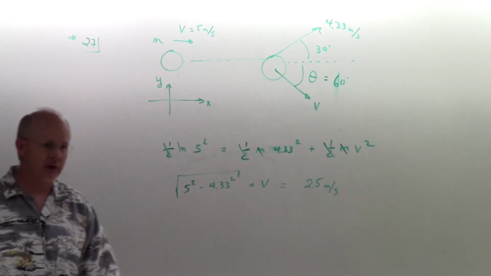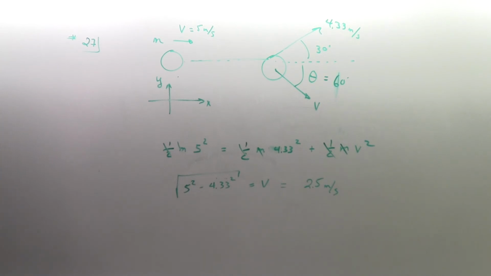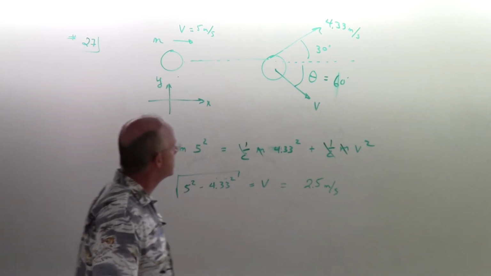So not really true for the game of billiards, but shuffleboard. One's sitting there, the other one's hitting, they'll ricochet off at 90 degrees. Guarantee it. And so there's our 90 degrees.